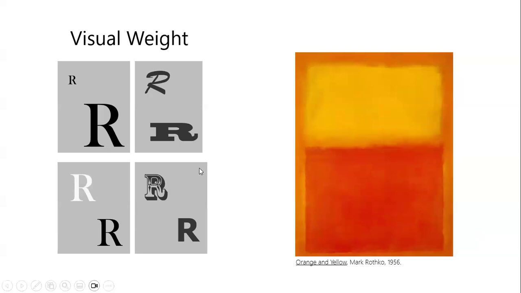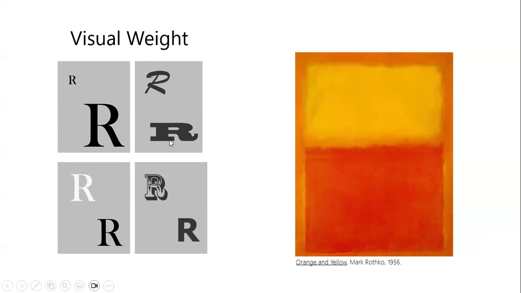So here are some plays on visual weight using just the letter R, right? Scale: these two letters are the exact same letter, just different in size, but the bottom right-hand corner R looks heavier, feels heavier. But also shape: this R, because it's more diagonal and because it's made out of marks that are more active, feels lighter.